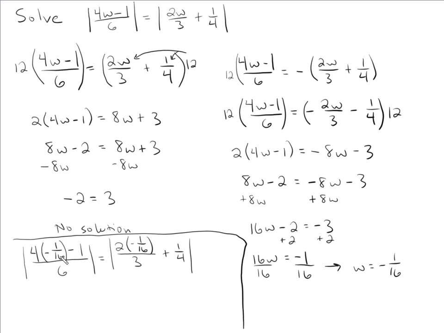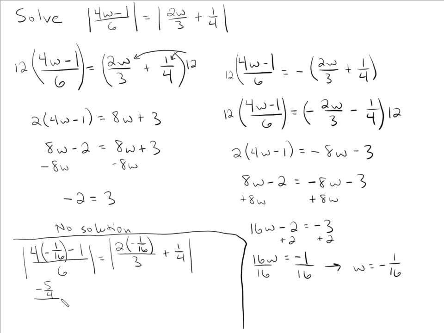Now we'll simplify this. 4 times negative 1 over 16, that's negative 1/4. And due to lack of room here, we're going to skip some steps. So that's going to give us negative 1/4 minus 1. Negative 1/4 minus 1 is the same as negative 1/4 minus 4/4. And so that's going to give us negative 5/4.